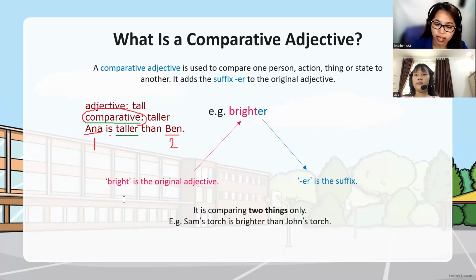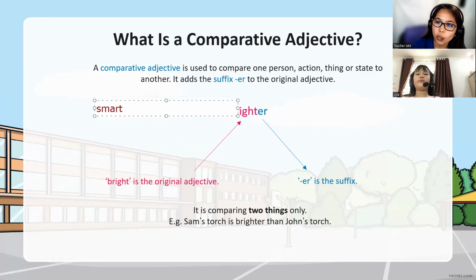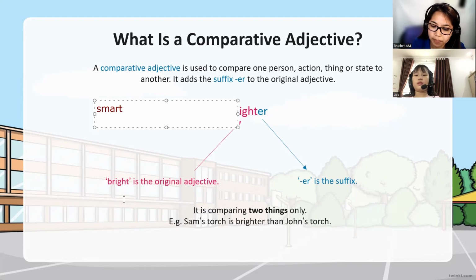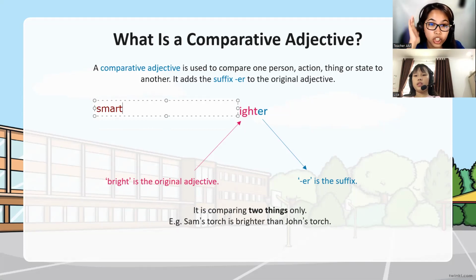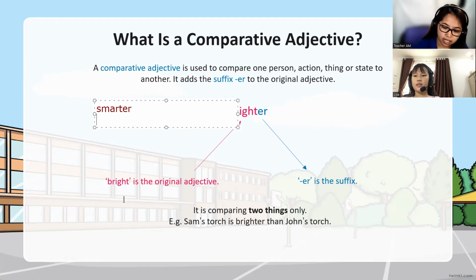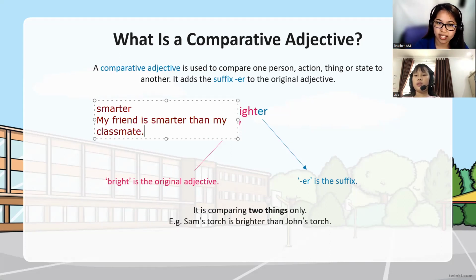Now more examples. How about smart? What is the comparative adjective of smart? Smarter. Just add er. Now let's compare again. My friend is smarter than my classmate.